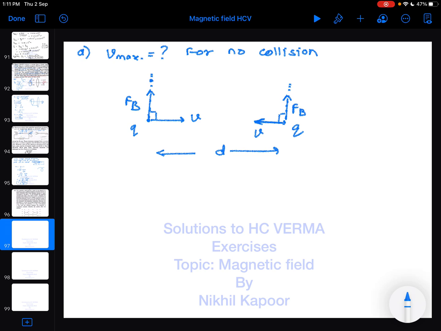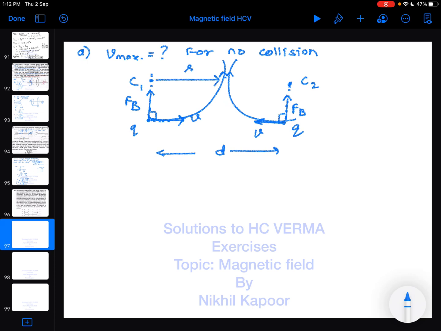So their centers are also separated by distance d. As their separation is d, if this particle moves in a circular path and this also moves in a circular path, there is a chance they will collide here.